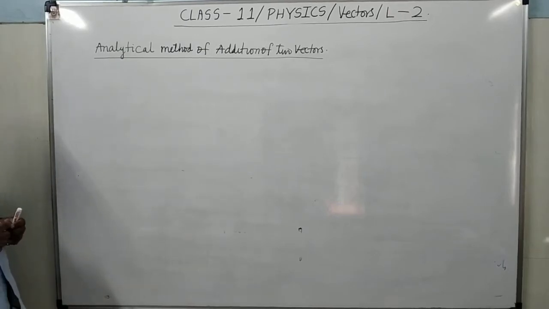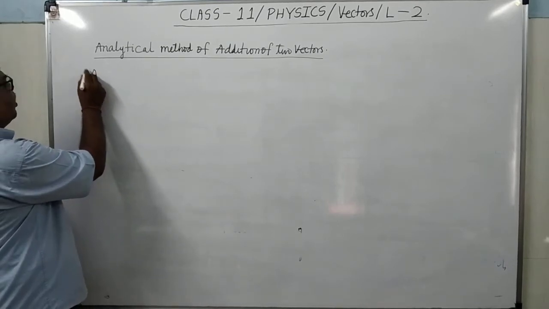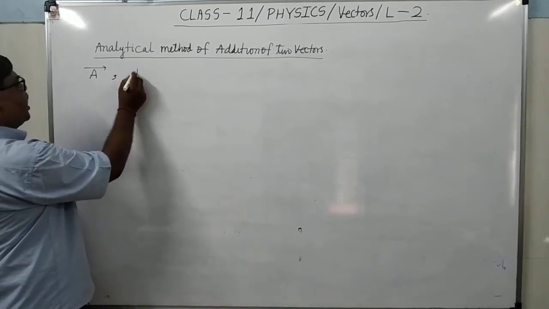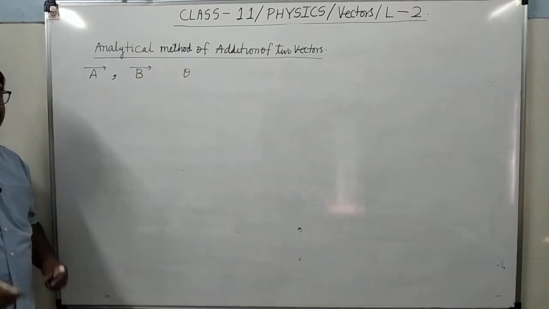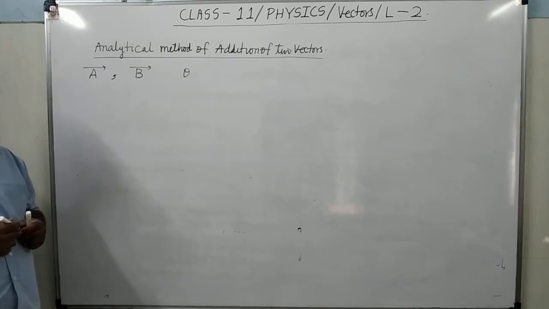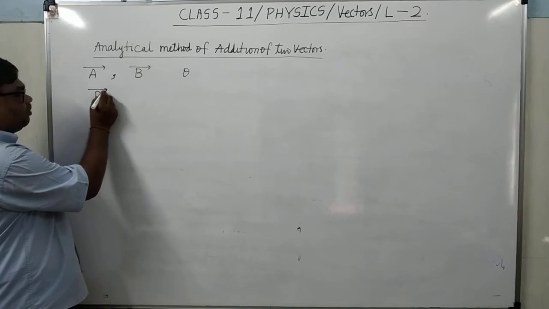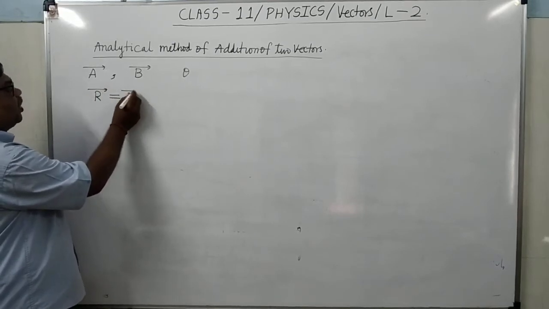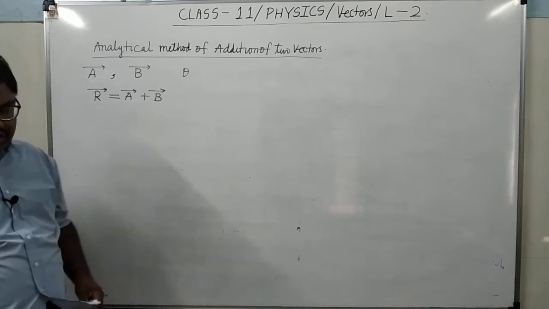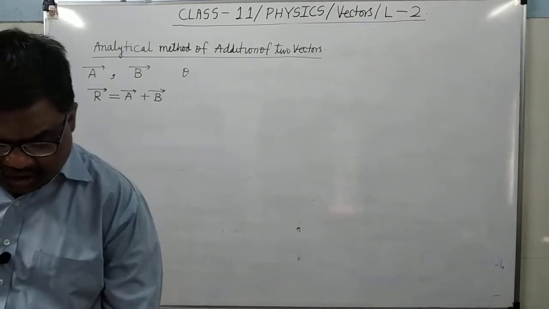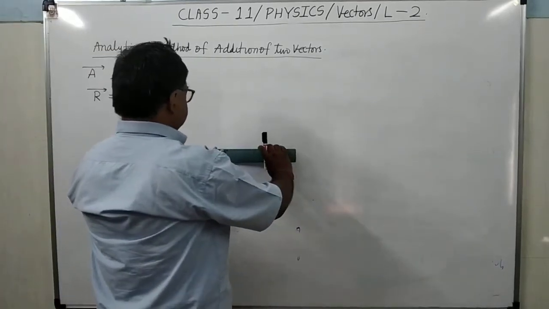Now let's see here. There are two vectors, vector A and vector B, acting at an angle theta from each other. Let the resultant, meaning the vector addition of these two vectors, be given by vector R. If we draw a rough diagram, it will be something like this.